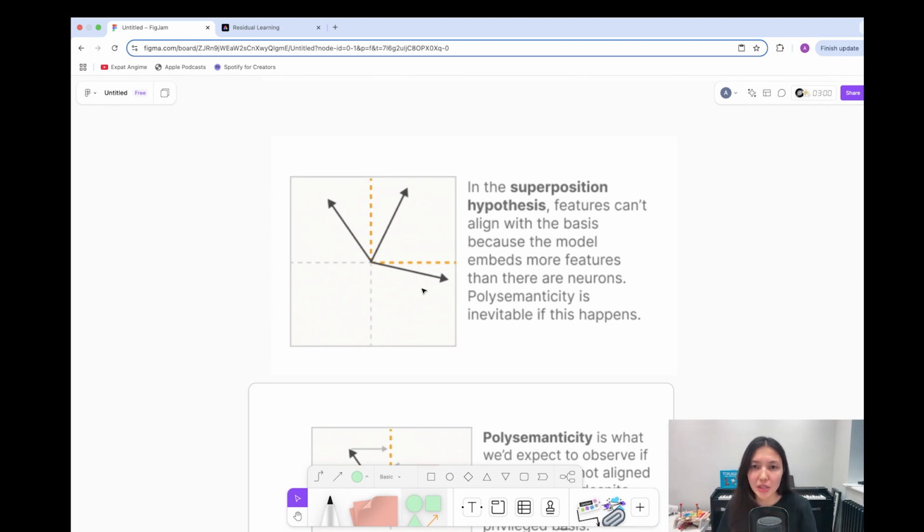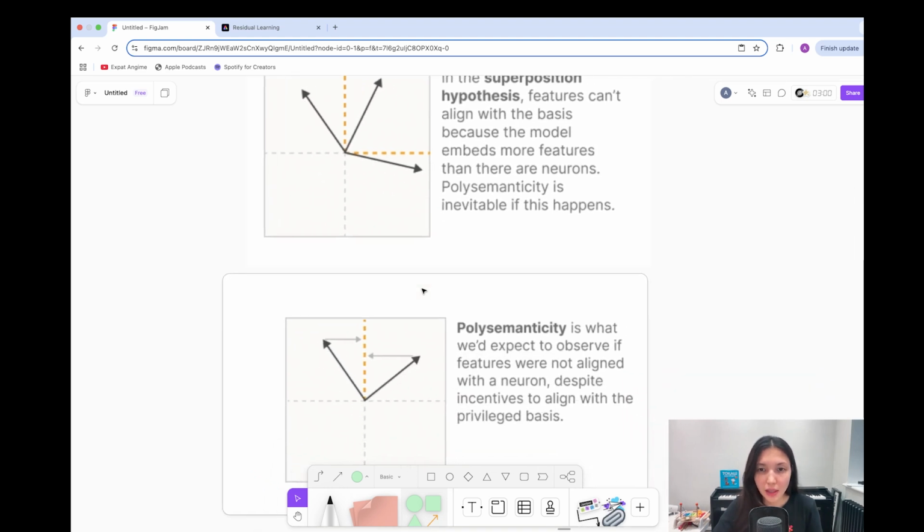It illustrates the superposition. It shows us a two-dimensional activation space where the model wants to represent three features. And these features are not aligned with the basis because the model embeds more features, right? So what is inevitable in this case is polysemanticity, as we saw with the example of the neuron that has cat's face, paw, and front of the car in it.